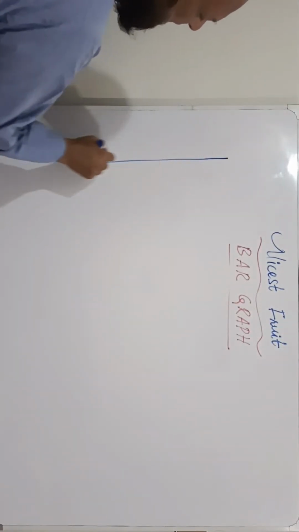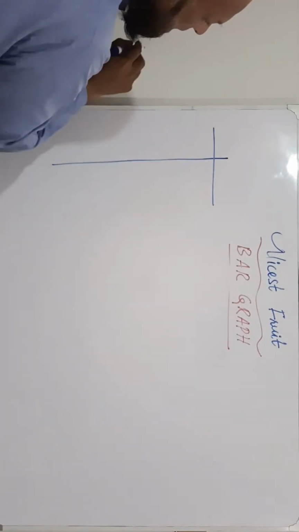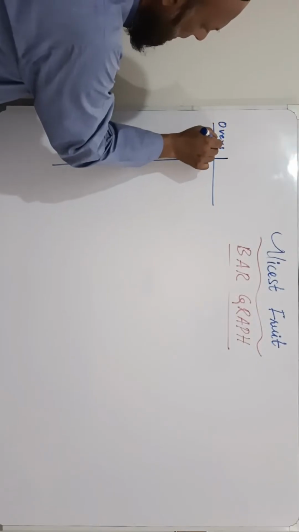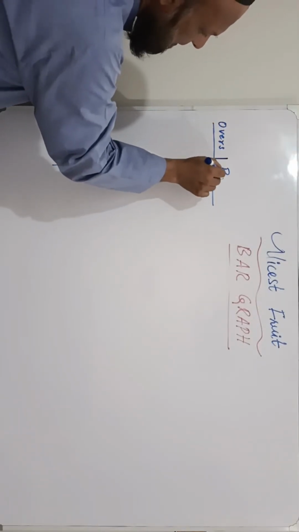Let's suppose we have data like this. This is overs and this is runs.